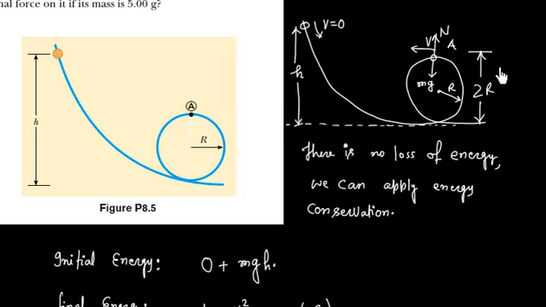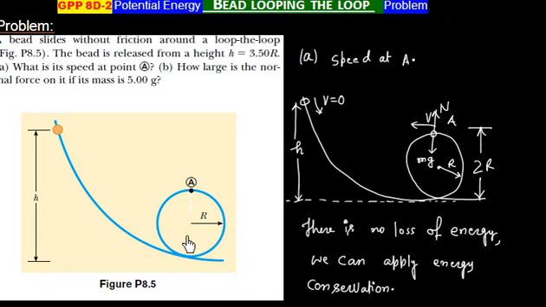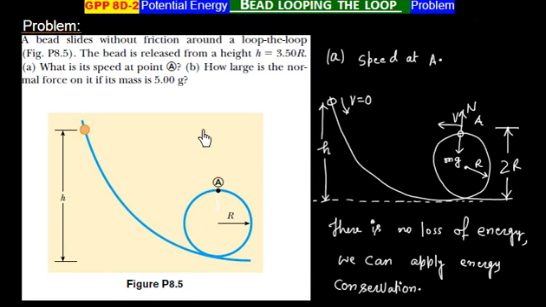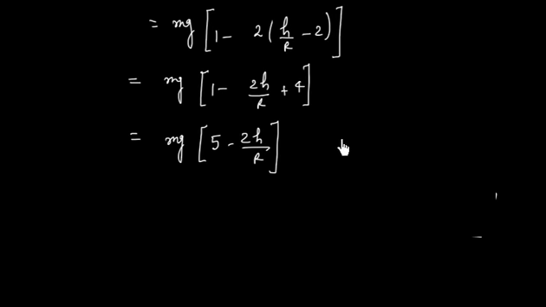Now what are the things that are given? Mass is given, 5 grams, and h is equal to 3.5 r. So mass is 5 into 10 to the power minus 3 kg.